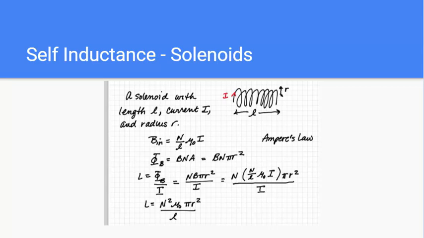And so looking at the specific example of a solenoid, which would be a coil, usually tightly wound, not like my picture there, with a current flowing in it, has a radius and some length L. You can start with Ampere's law and the idea that the flux is the magnetic field times the number of turns times the area, and then substitute that into the expression for inductance, and you're going to end up with an inductance that's in terms of the area of the solenoid.